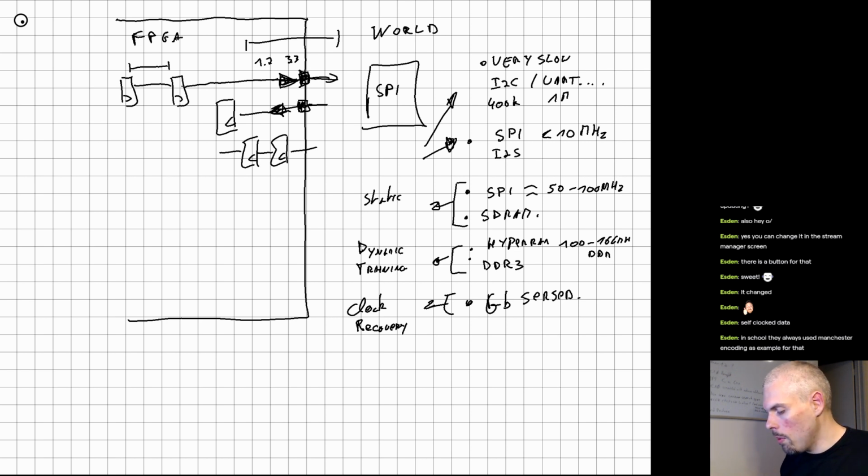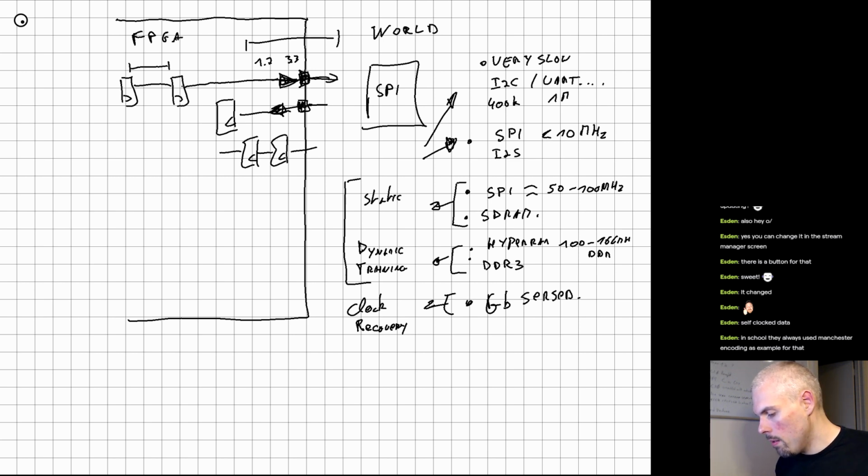Here, I'm really talking about the gigabit thing, where you basically need an analog PLL with a dedicated block in the FPGA to do clock recovery, because you can't fake it. So what we're going to talk about here is essentially those two things, static and dynamic training.